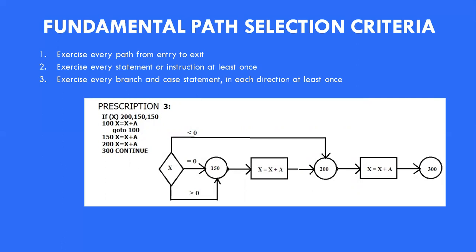These two statements will never get executed, because x will be either less than 0, equal to 0, or greater than 0. If it is less than 0, it goes to 200. If it is greater than or equal to 0, it goes to 150. So we never go to this particular space. Here we also have not mentioned what exactly label 100 is.